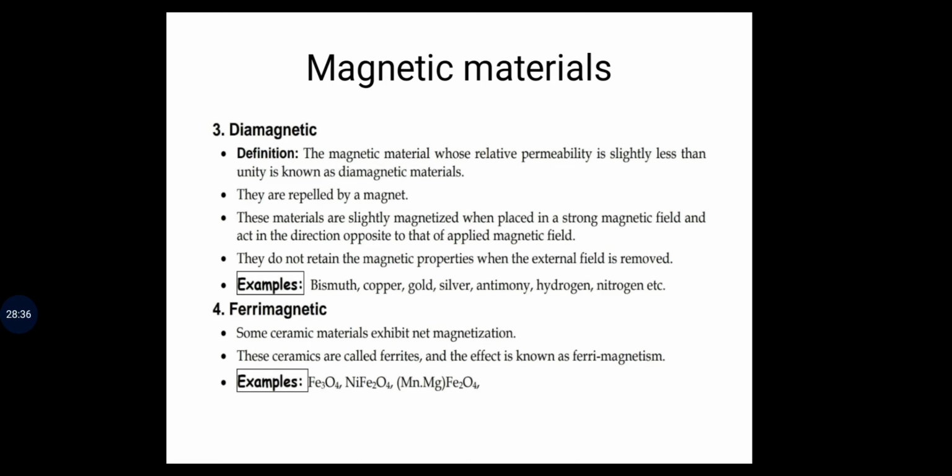These materials are slightly magnetized when placed in a strong magnetic field and act in the direction opposite to that of the applied magnetic field. But these materials do not retain magnetic properties when the external field is removed.